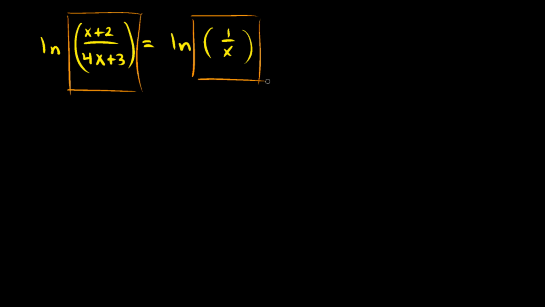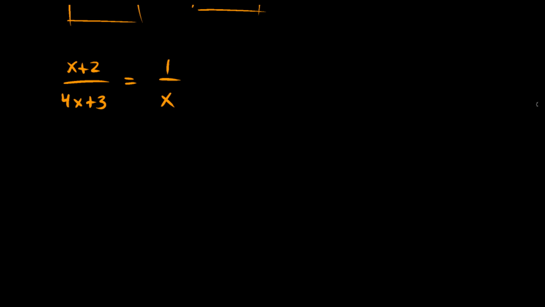So we can conclude that because it's ln of something equals ln of something else, this x plus 2 over 4x plus 3 has to be equal to the 1 over x, because it's one-to-one.